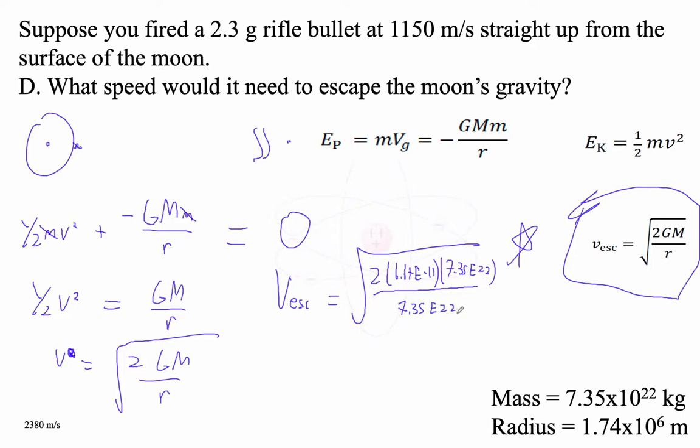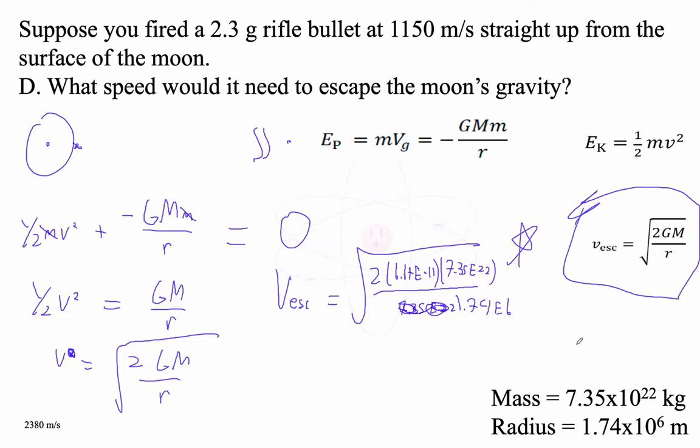Divided by 1.74 e6. I knew it was one of these numbers here. Okay, so square root. Oh, my calculator turned off. My calculator got bored with me. How sad is that?